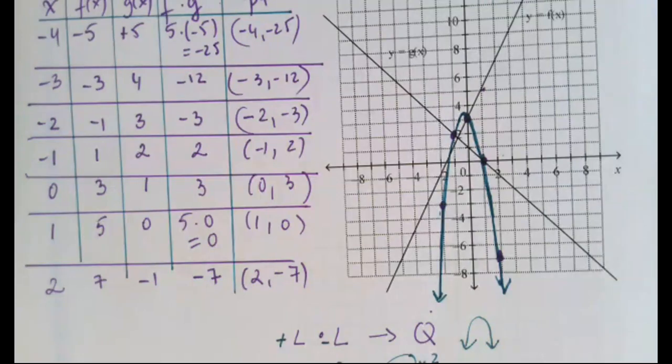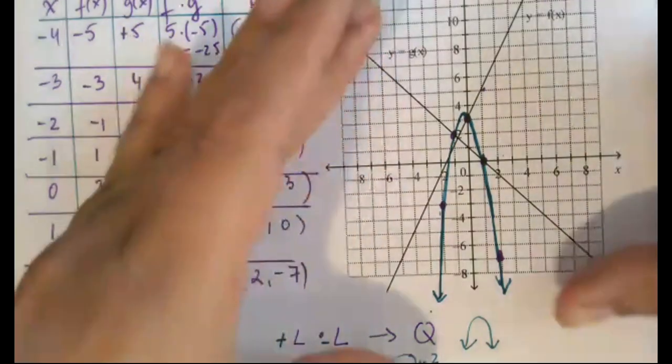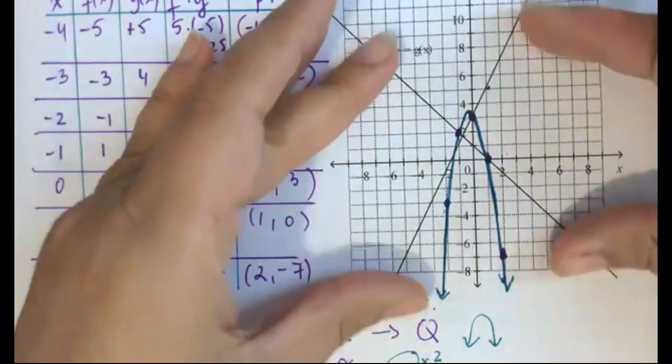I guess if it was a bigger graph, it would spread out more, right? What do you mean bigger graph? Since our points are all right next to one another, compressing it, it's really a tight little parabola, right? But if your points were more spread out. Well, yeah, depending on the orientation of your line.